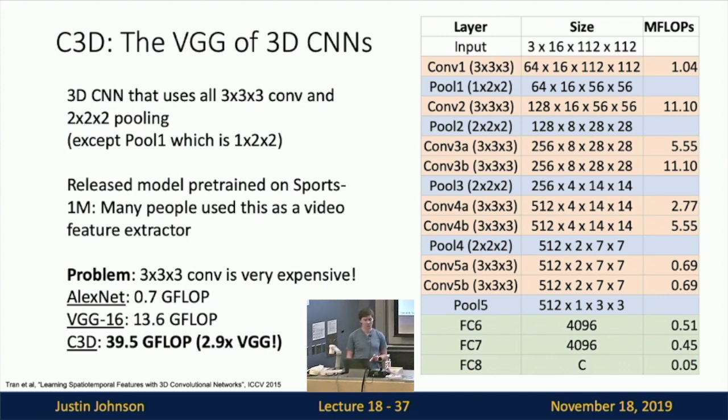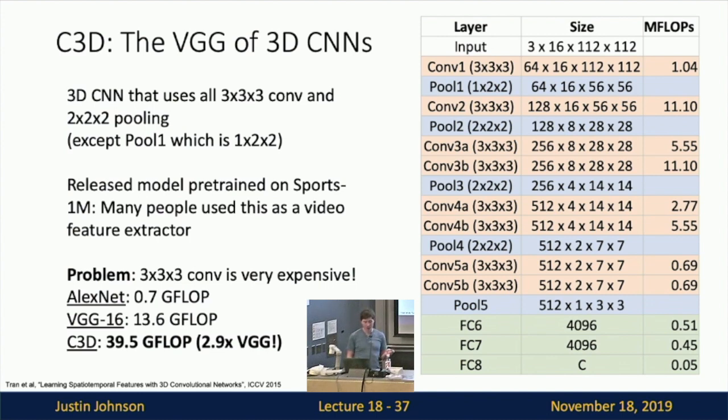Even though this model takes a really tiny input of 16 frames in time and a 112 by 112 spatial resolution at each frame, the total computational cost of the model is almost 40 gigaflops for a single forward pass.